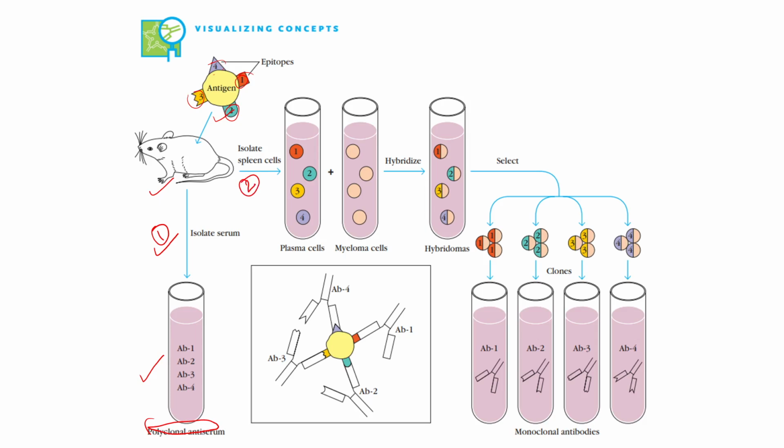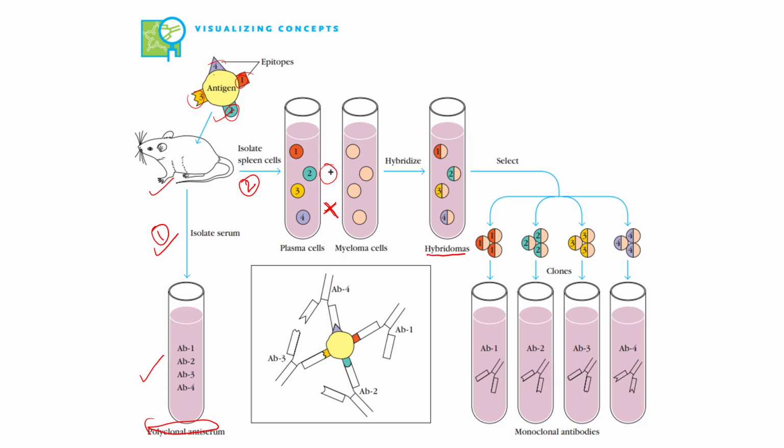Or the second option is we can isolate the spleen cells or the B cells from the mouse. And these isolated B cells 1, 2, 3, 4 respectively will be fused with the myeloma cells, which are immortal. This hybridization will form the hybridomas, which contain the immortal myeloma cells along with B cell 1, 2, 3, 4 respectively.